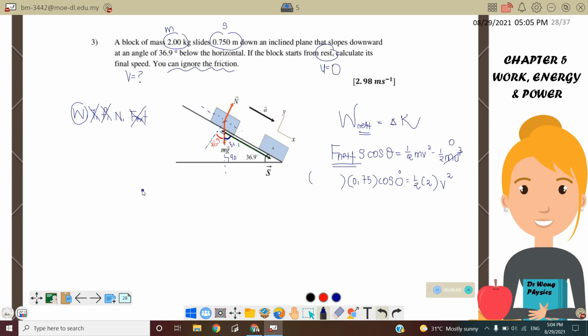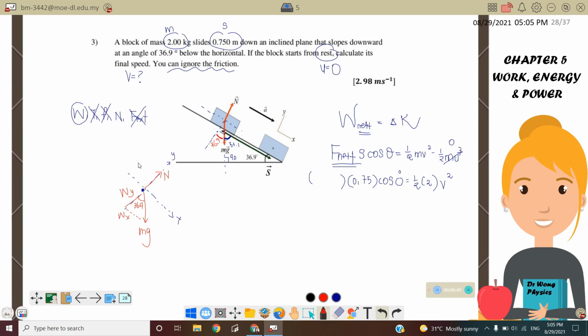If I draw it out, this is our x-axis, this is our y-axis, and the normal force is actually along the y-axis. Mg is straight downward, so we can resolve it into weight x component and weight y component.